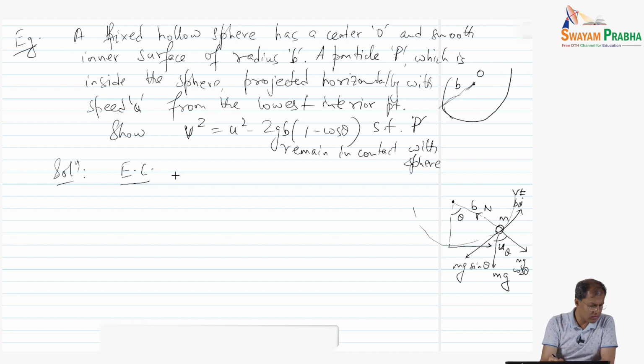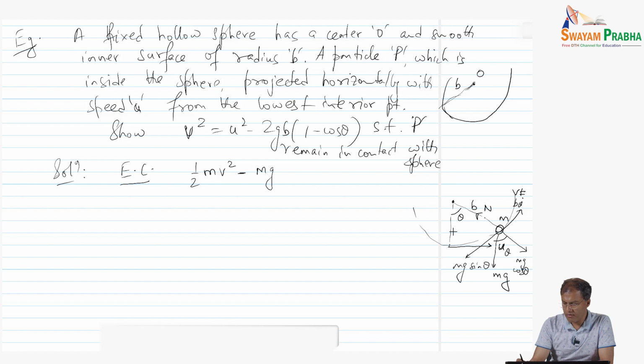So under this constraint we have this energy conservation principle: half the total kinetic energy, half mv square, plus the total potential energy. So the total potential energy is going to be what? We have mg minus mg b cos theta.